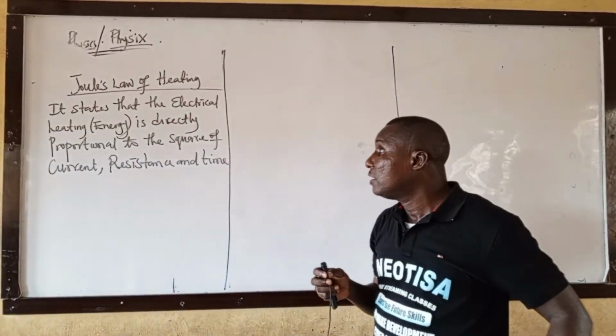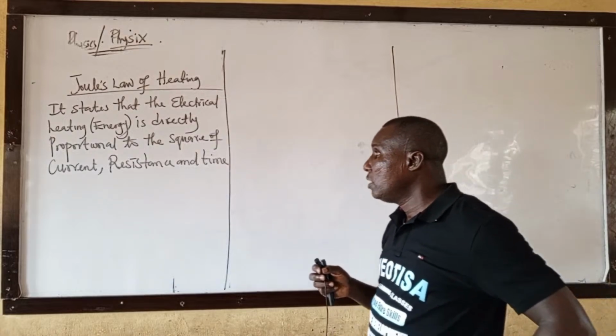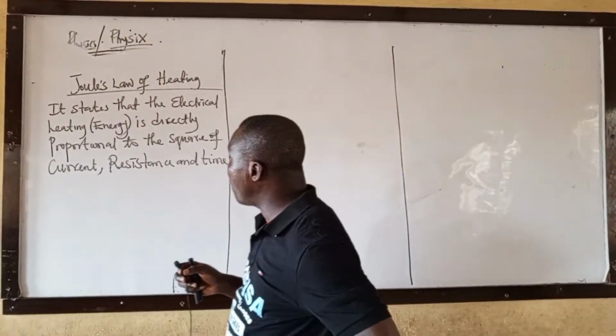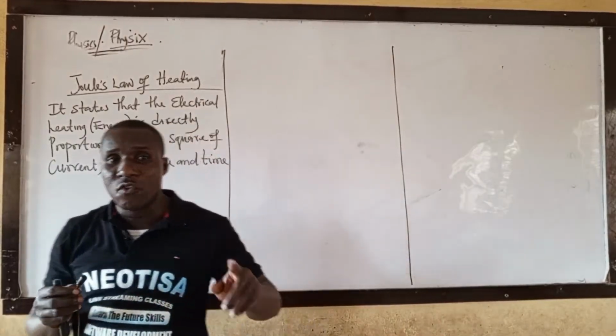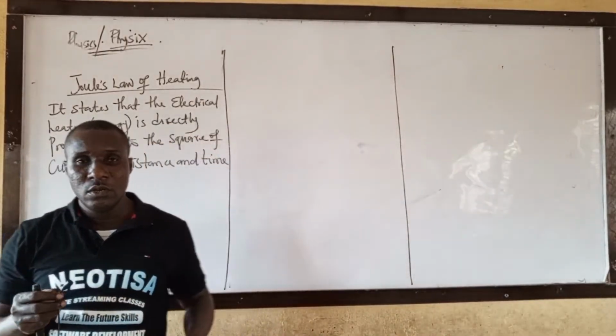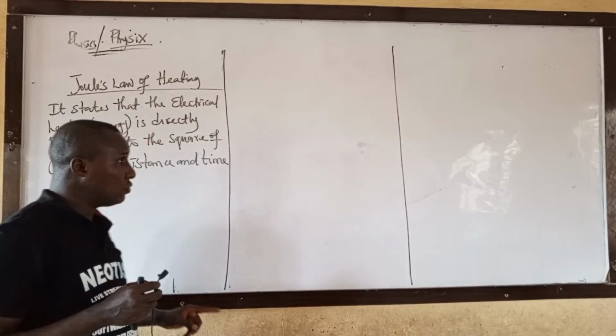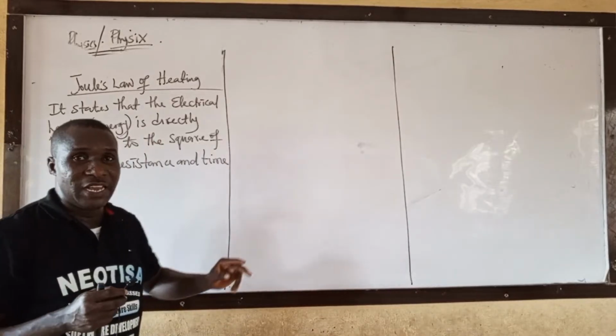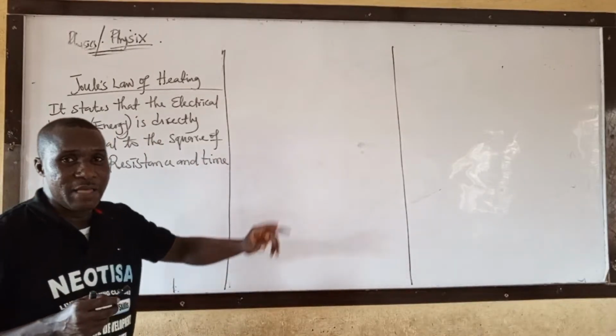It says that the electrical energy is directly proportional to the square of current flowing through an electrical circuit, the resistance of the electrical circuit, and time.